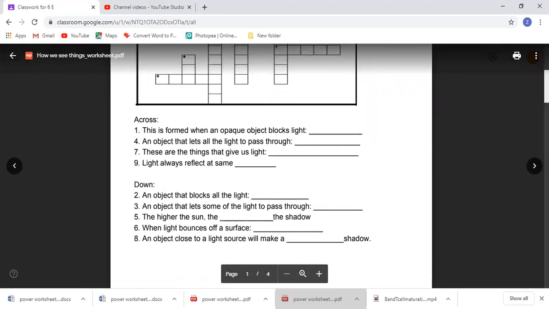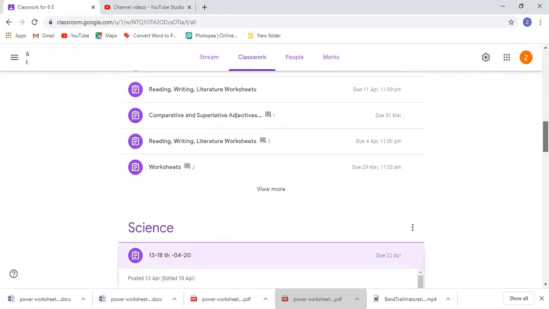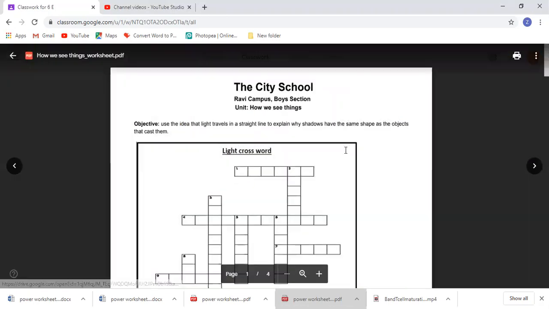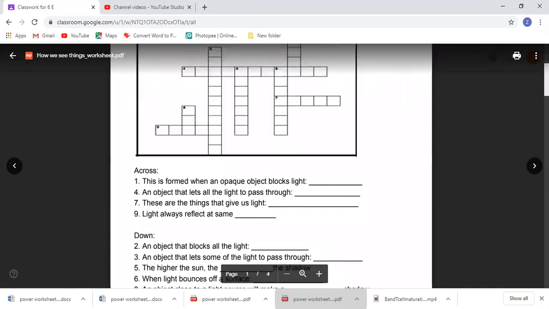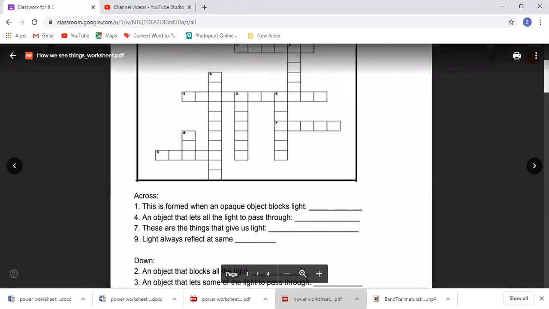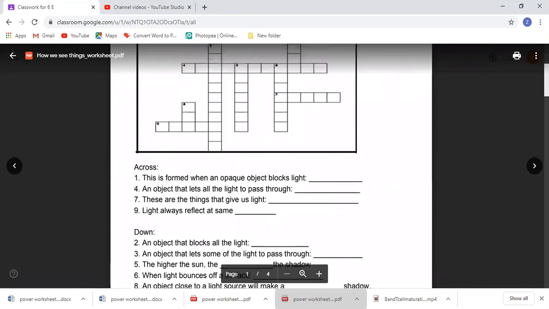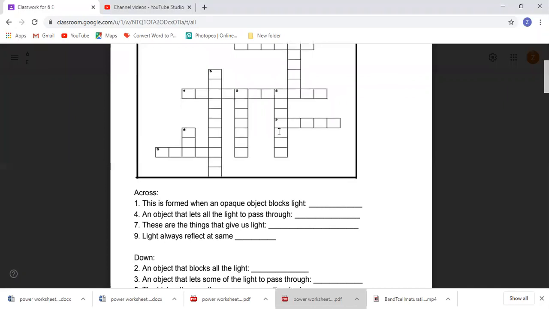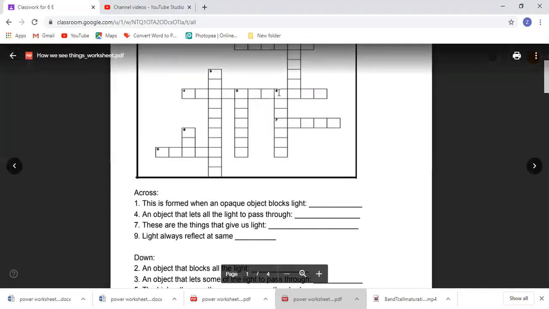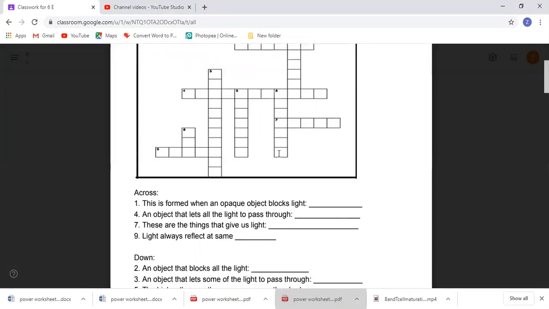Then let's see what is going to come over here. If this is 7, what is going to come over here in the 6th number? As per 6, it says when the light bounces off, REF, reflection, REF, LECT, reflects, right? Since L is coming over here, light is going to come over here.